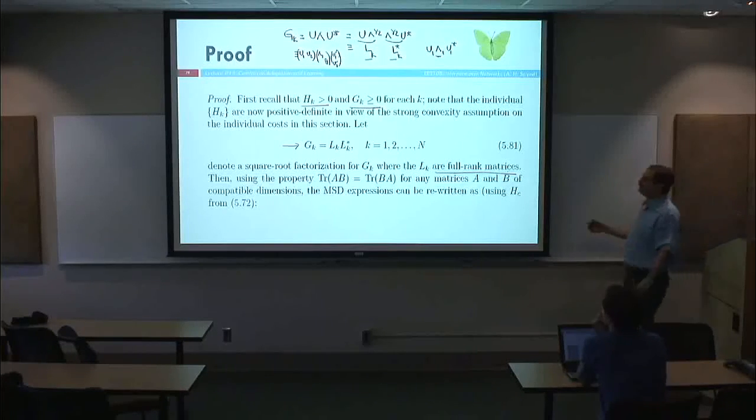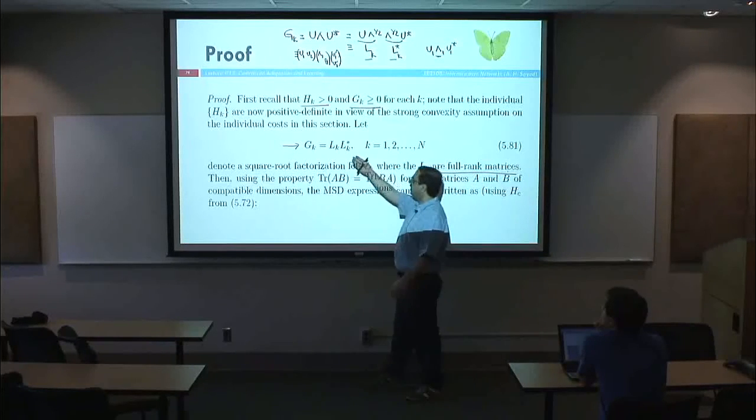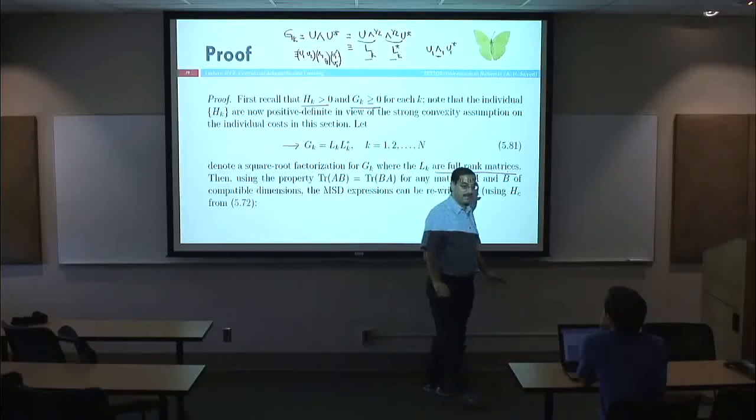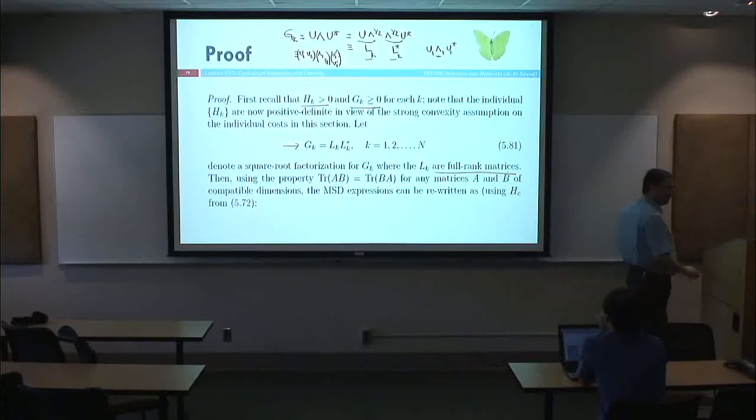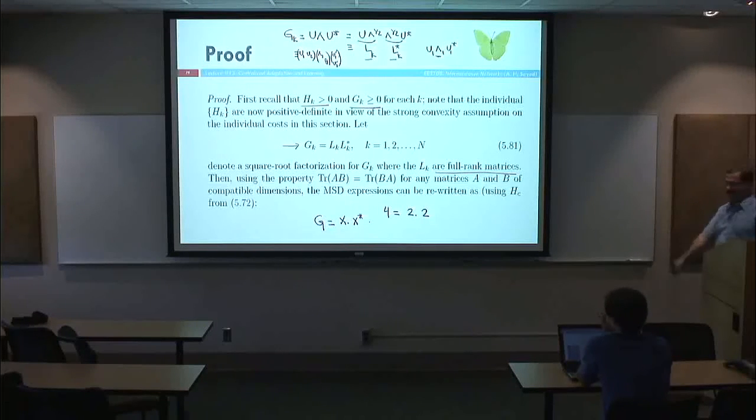So it's not difficult to understand that every non-negative definite matrix can be factored like that. This is just like when you say every positive number you can write as a number times itself. This is the extension to the matrix case: every non-negative matrix G you can write as some matrix times itself, but actually the conjugate of that matrix.